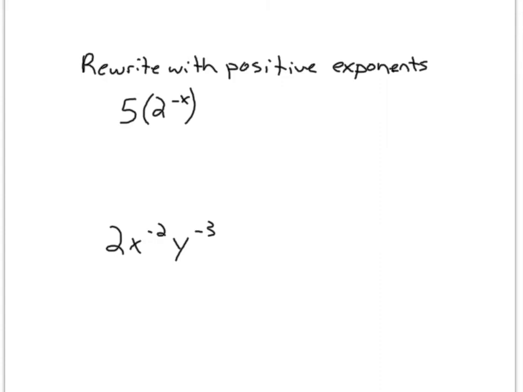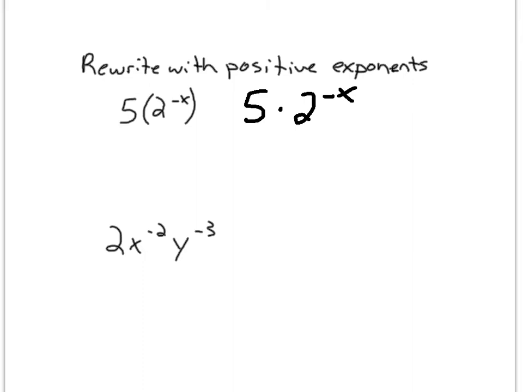Okay, here we want to rewrite with positive exponents. So we have to think about what already has positive exponents and what has negative exponents. Well, this 5 is really like 5 to the first. So that's a positive exponent, and this is really like 5 times 2 to the negative x power.